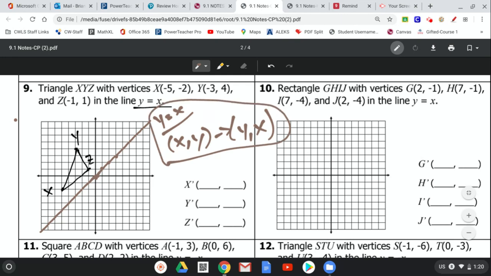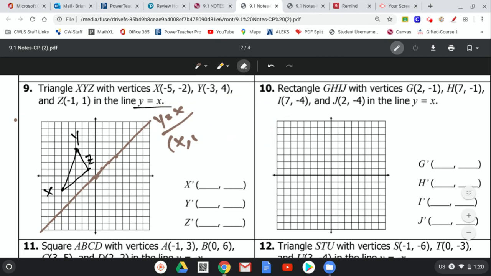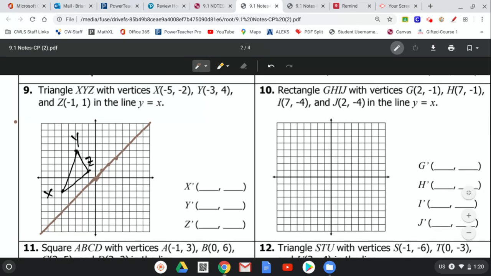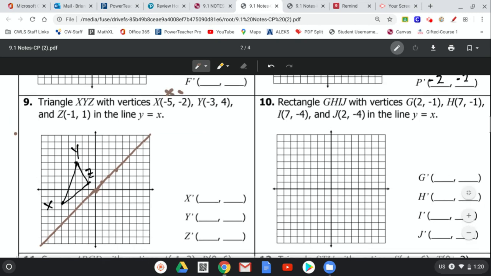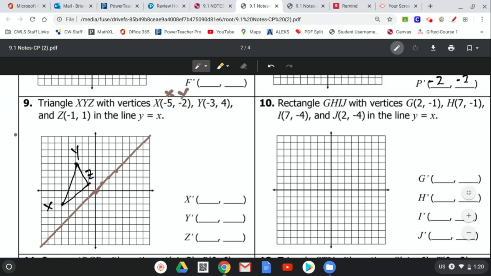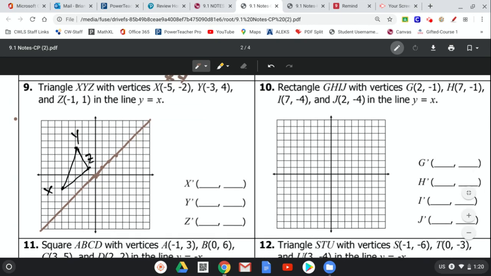All right. So just give me some more space here. If we start off with x, we have our x and our y value. All we're going to do is switch the order of that ordered pair, and we're going to make it -2, -5.